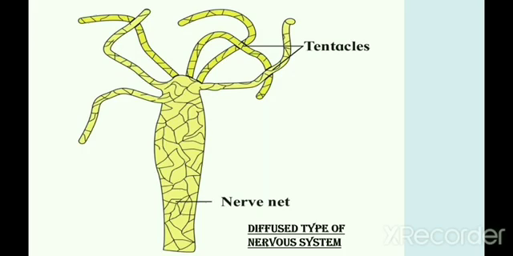Thus, you can say that in Hydra, activation of sensory cells can happen at any point, and from this point the impulse can be carried throughout the body in any direction, so that it brings about the movement of body and tentacles. For example, catching of prey.